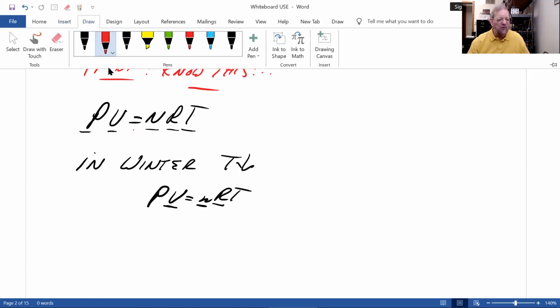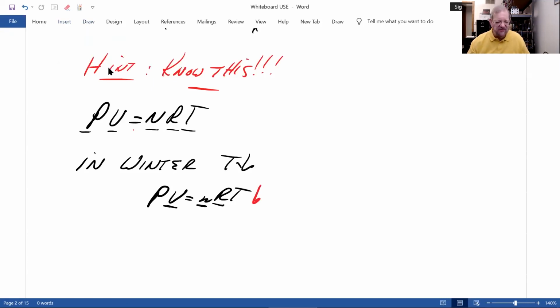So in the winter, if the temperature goes way down, the only thing on this side that can change is the pressure. So in the winter, when the temperature gets real cold, your pressure in your tires gets lower because PV equal nRT.